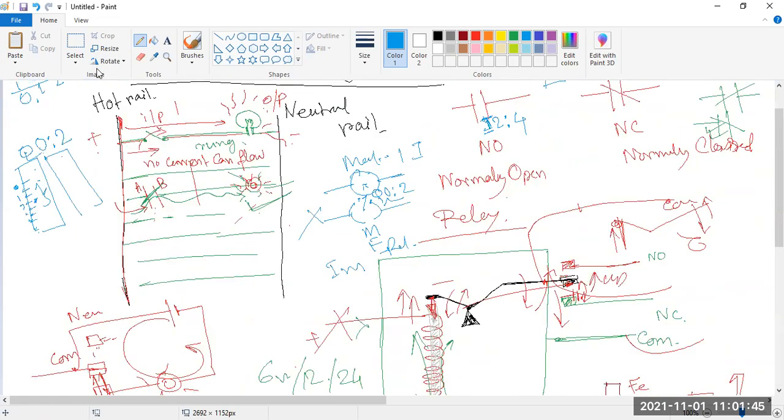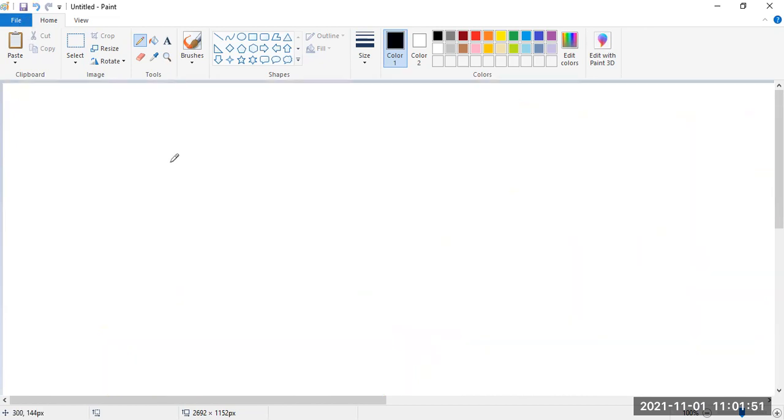Now we are going to purely ladder logic. So you know what the hot rail is and what the neutral rail is. Say our room connection. This is your switch. First we are going to the starting switch. Okay, this is NC. This is run.